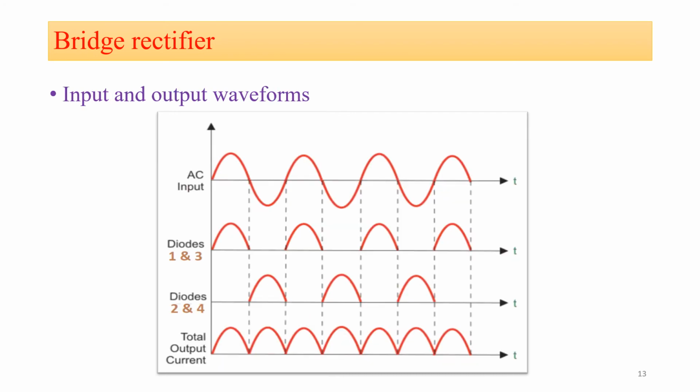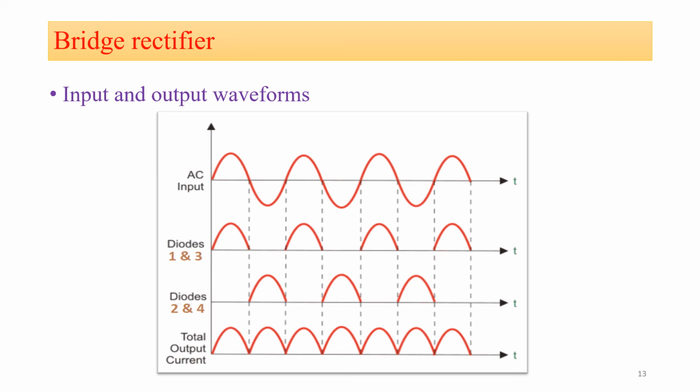Now let's see the input output waveform. The first waveform indicates the output of our transformer, VAB, the AC input. The second waveform indicates the current flowing through diode 1 and diode 3. The third waveform indicates the current flowing through diode 2 and diode 4, and the last waveform indicates the total output current.